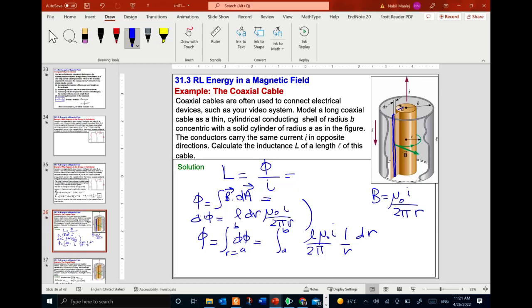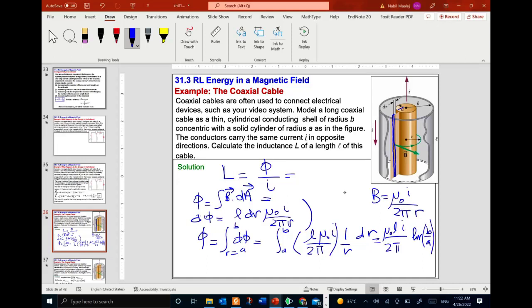Since all of this is constant, we can take it outside of the integral. So it becomes mu 0 L I divided by 2 pi, and we have the integral of 1 over r dr, which is log of r. So this is log of r evaluated between A and B, so it's log of B minus log of A. So this is the flux.